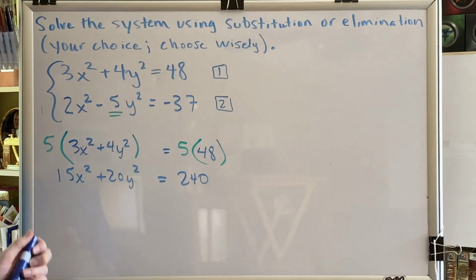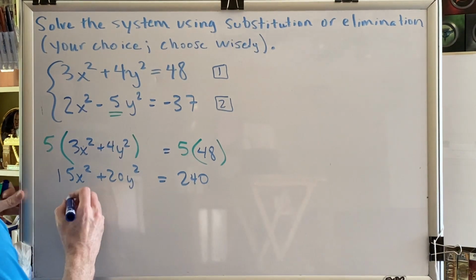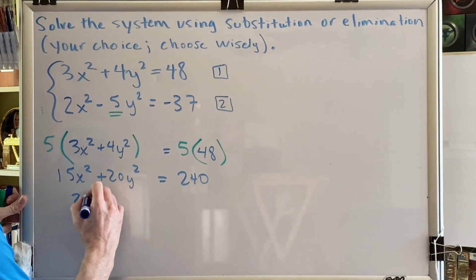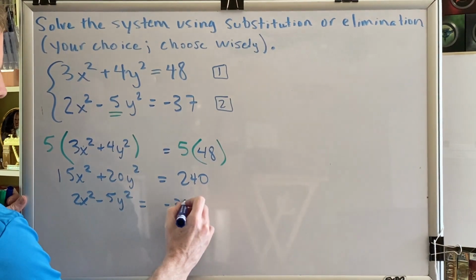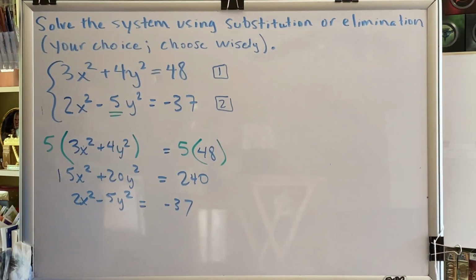Now our bottom equation also needs to be multiplied by a number on both sides. So let's write our bottom equation. And the number the bottom equation will be multiplied by is 4.